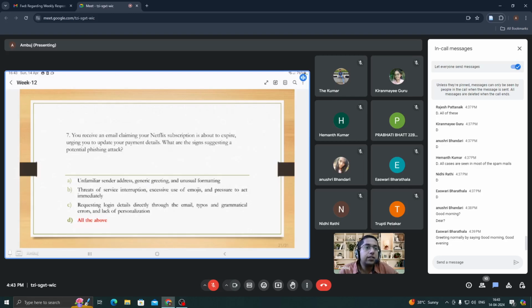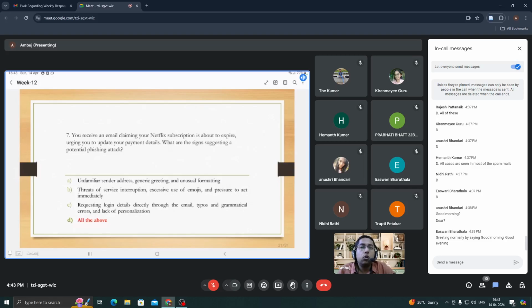Then threats of service interruption, yes, that would be there because urgency is the primary attribute of a phishing email. Then excessive use of emojis, sometimes to attract attention, and pressure to act immediately, which comes from urgency. Then requesting login details directly through the email, so sensitive information would be asked.